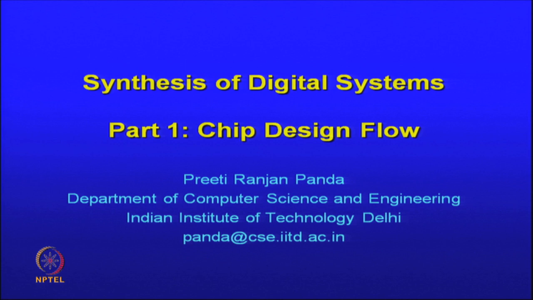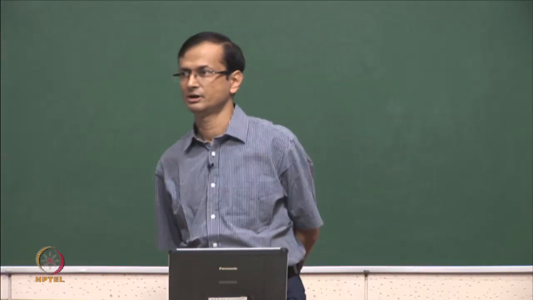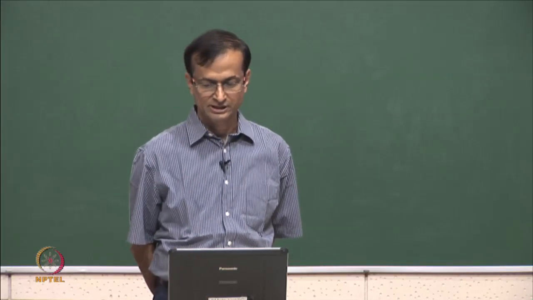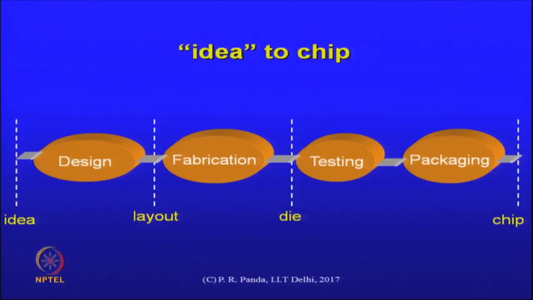So, let us start with a high level picture of an idea transformed ultimately into a realization in the form of a chip. What are some of the stages? Let us say the high level stages could start with the design phase, which is an encapsulation of a number of different activities that go into what is called design.